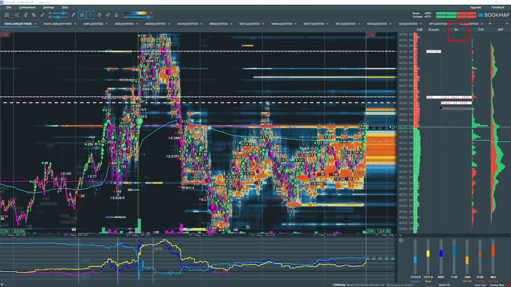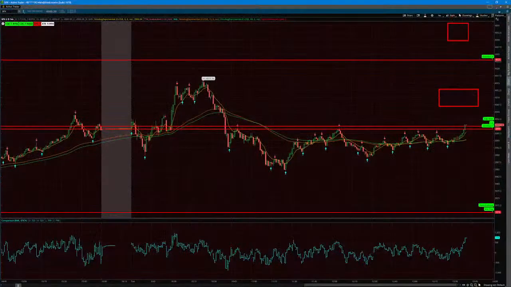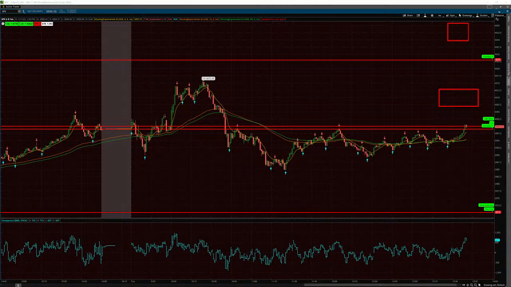So this is showing the SPX call wall at 4025, and the more accurate level is at the current level of about 4020. So we can just go back to ES 4020, and we can see that SPX right now is trading just below that level.